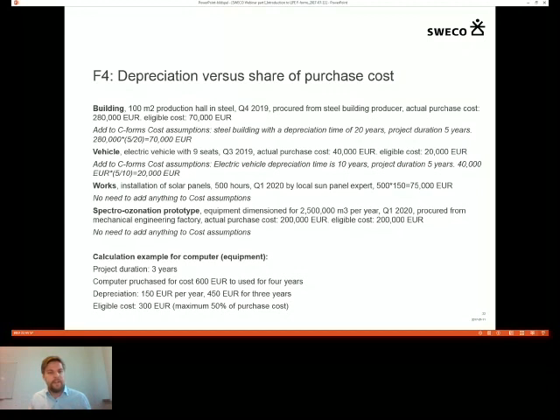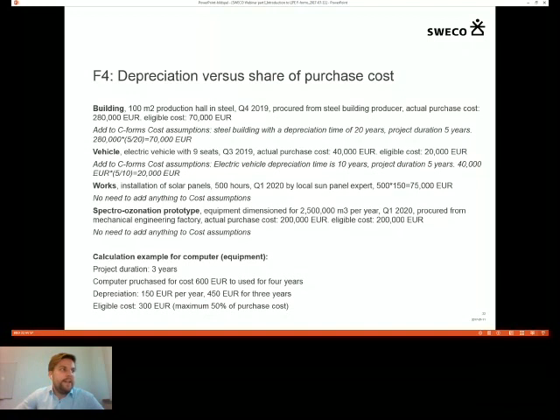This is something that already exists, and it will not be on a prototype stage anymore. It will already be a demonstration equipment. In that case, we will only get 50% at most for this equipment. So then we'll only get 100,000 euros as the eligible cost.